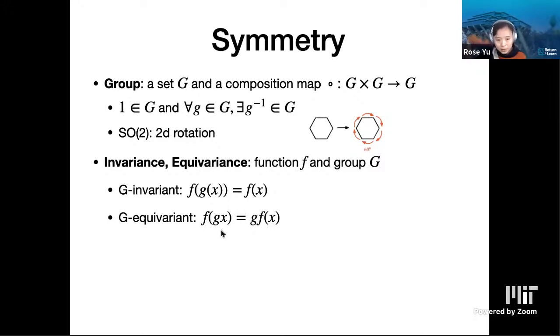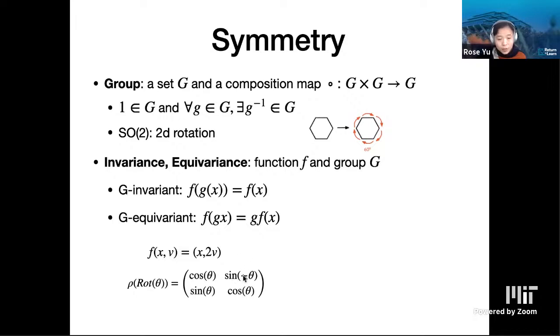As an example, let's consider the function as a scaling function of the velocity field. So we have x, which is the spatial grid, representing space. And this function applies scaling to the velocity. So f of (x, v) equals (x, 2v). Let's consider the group as the rotation group in 2D. A representation of 2D rotation can be written as a 2x2 rotation matrix with cosine and sine in its elements.